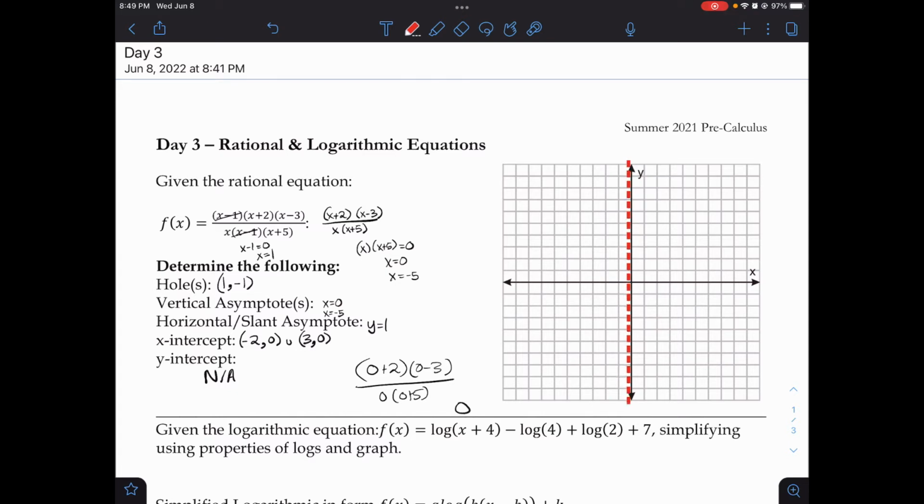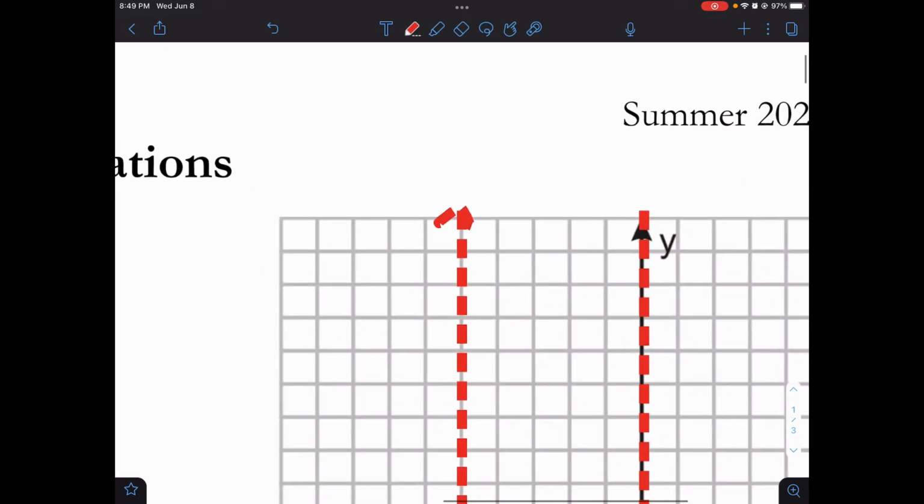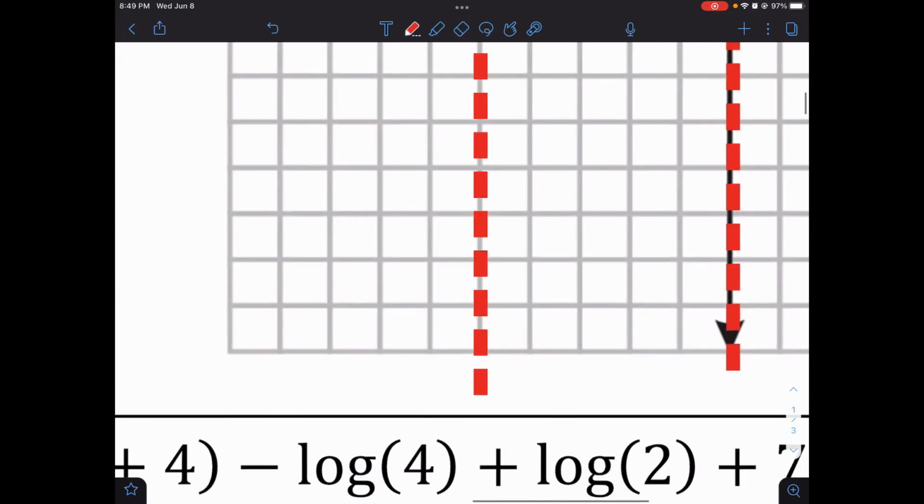There we go. That's our first asymptote. And our second asymptote lies on x is equal to negative 5. So 1, 2, 3, 4, 5. So right here. And there we go. Those are our two asymptotes.